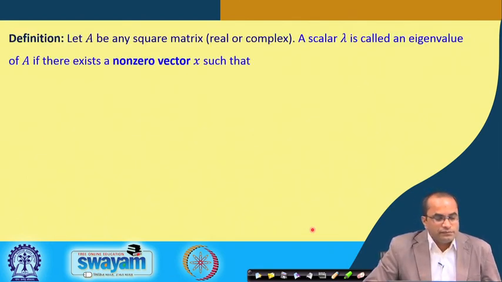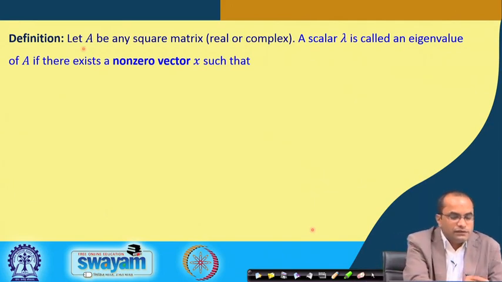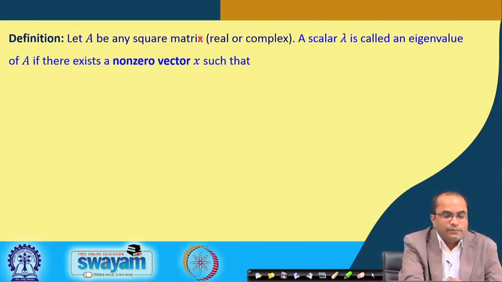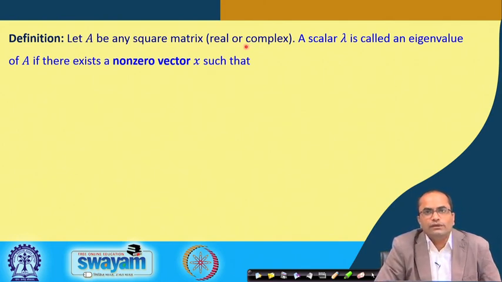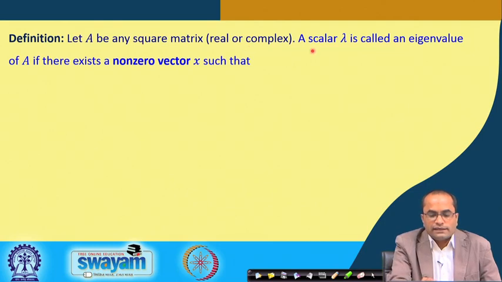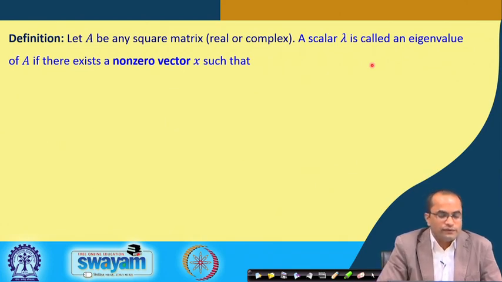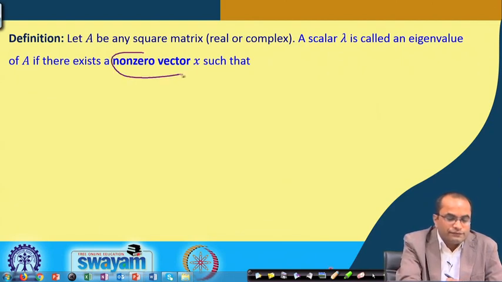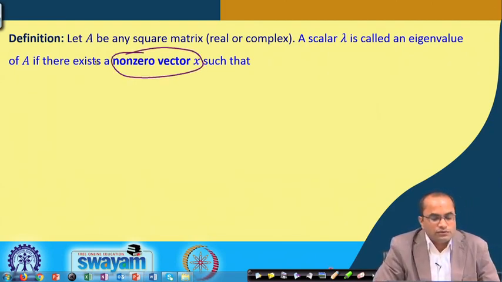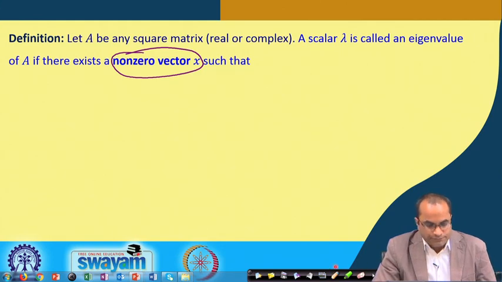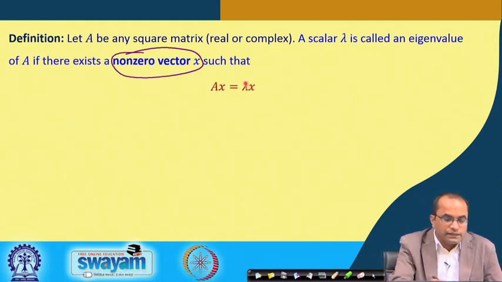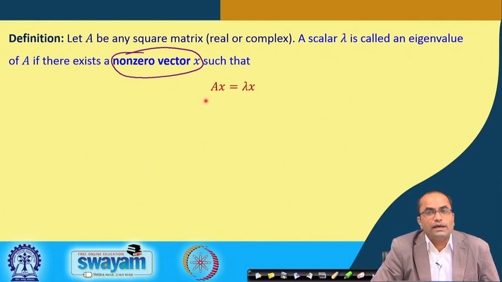So, the formal mathematical definition: let A be any square matrix. The entries of the matrix A can be real or complex. A scalar lambda is called an eigenvalue of A if there exists a non-zero vector x, and that is also important here, this non-zero vector, such that A x is equal to lambda x.